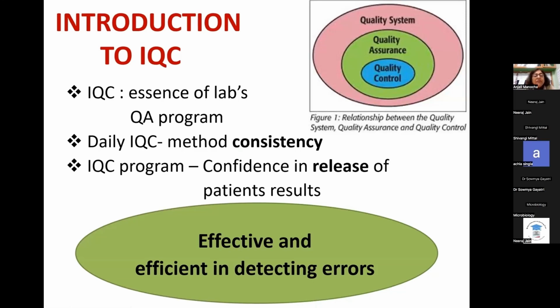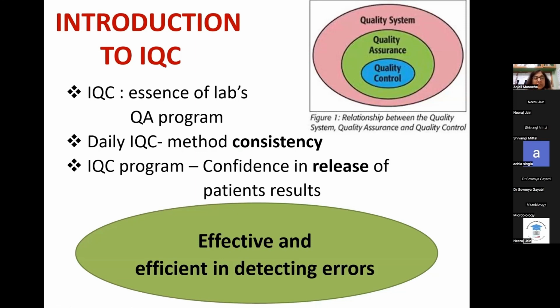So coming specifically to internal quality control. Now, this is a part of a quality program, which we can see very well from this diagram, that the entire quality system includes the quality assurance, and part of it is the quality control. But it is actually the backbone of our labs.